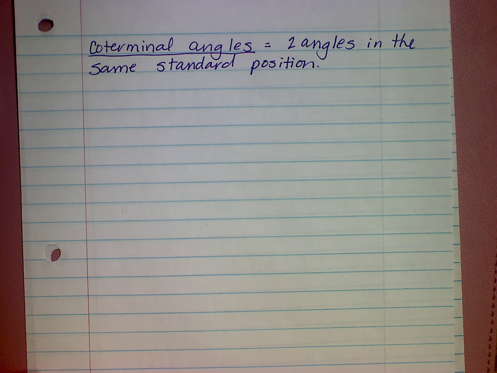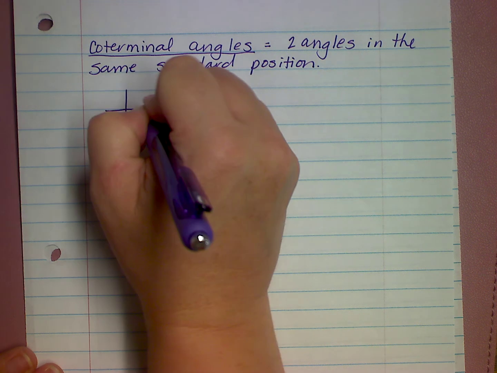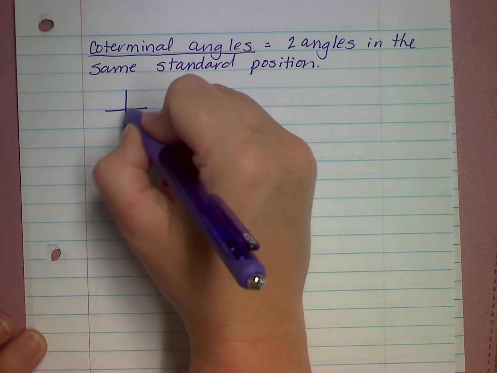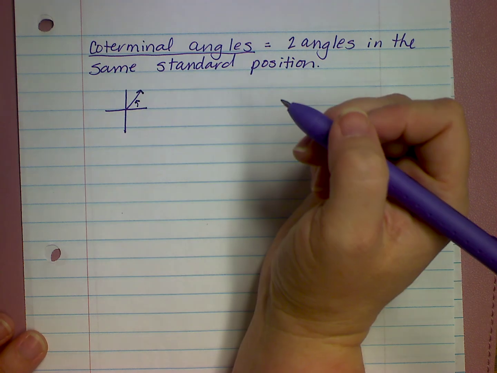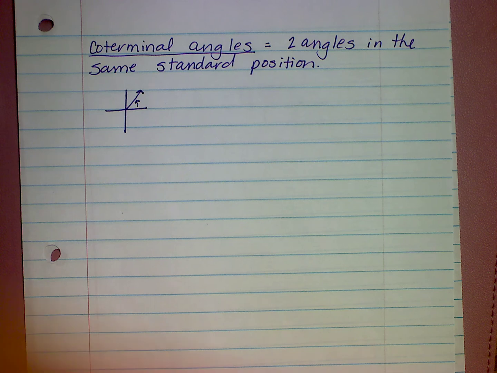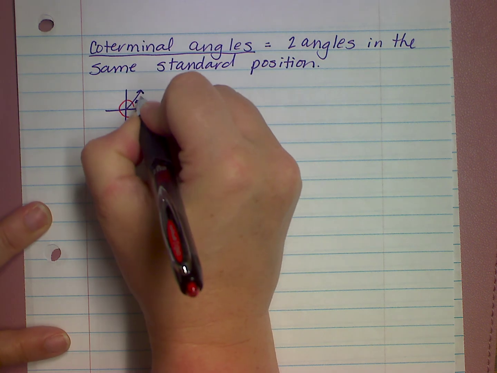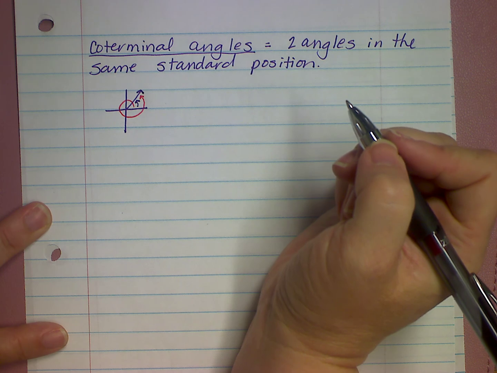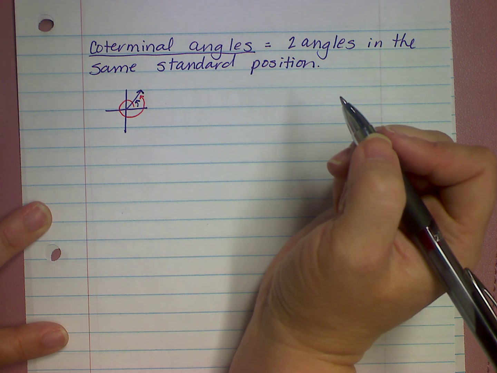All right? So if I look at an angle where, let's say, the terminal side is right here, the coterminal angle to that is going to be that one, just adding another revolution.